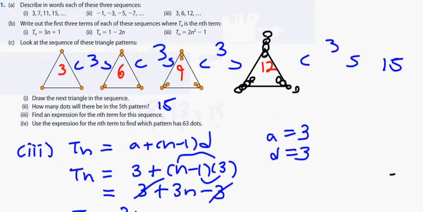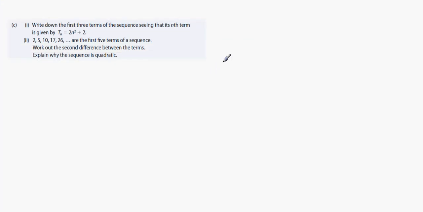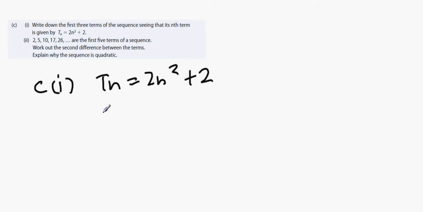Okay, write down the first three terms of the sequence, given that its nth term is 2n squared plus 2. Okay, so this is C part 1. All we have to do is replace n with 1. So T1 equals 2 times 1 squared plus 2, which equals 2 plus 2, which is 4.